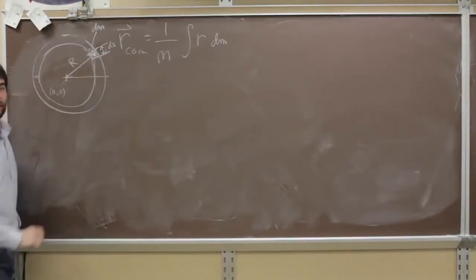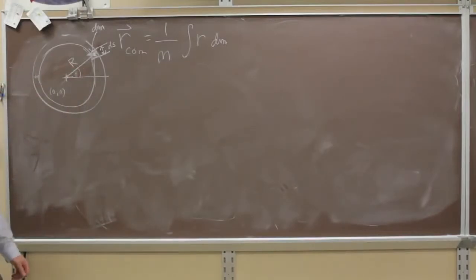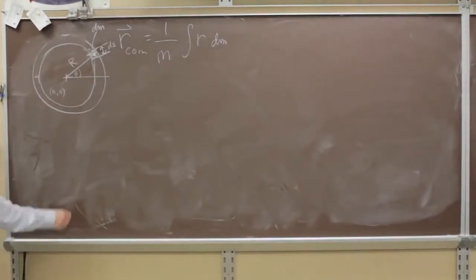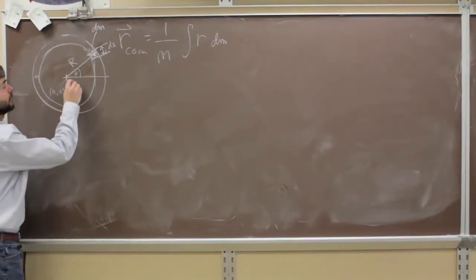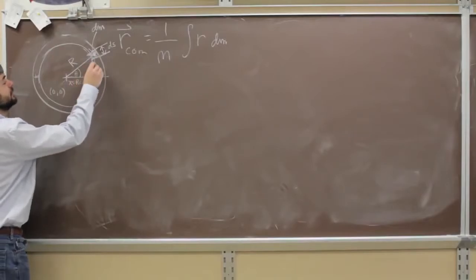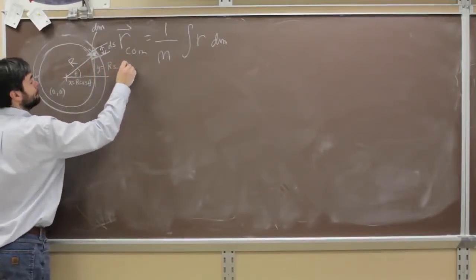Well, we can set this up with theta and then use theta to give us an x and a y coordinate. So what's this side of the triangle? Cosine. Okay, it's going to be x equals r cosine theta, and then y equals r sine theta.